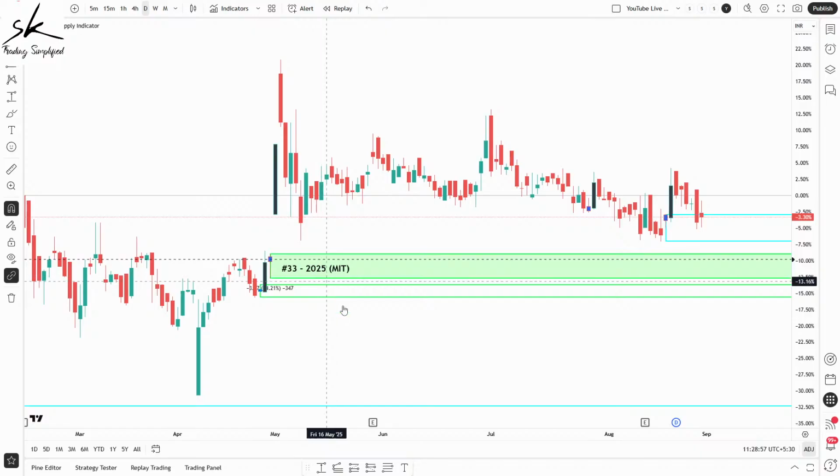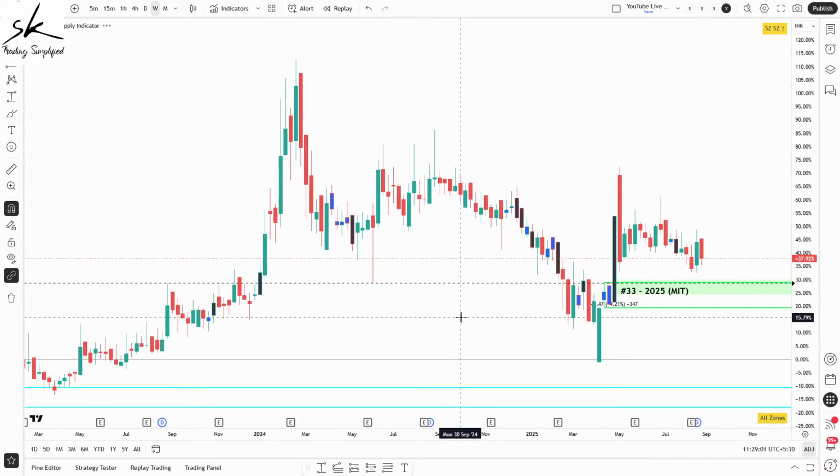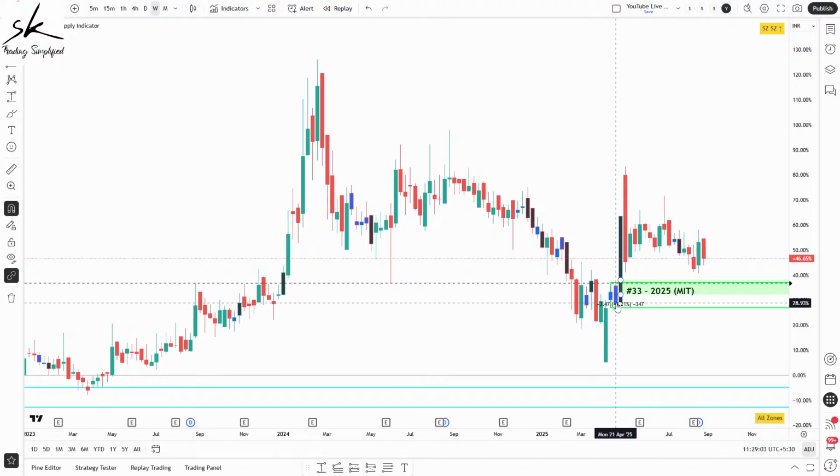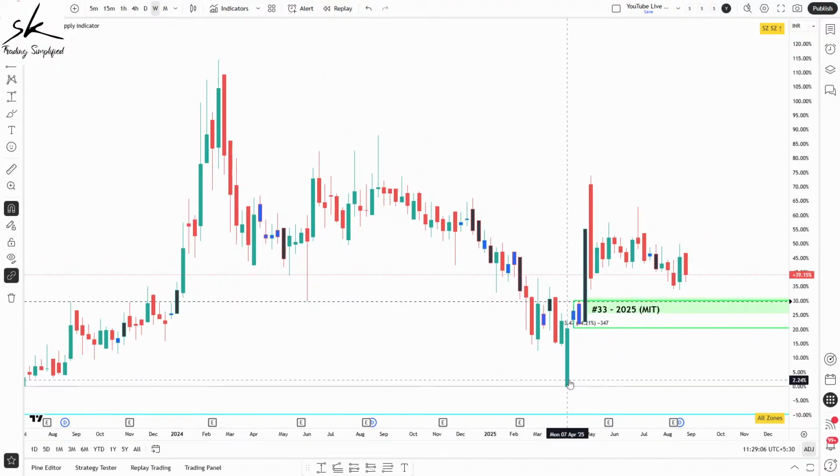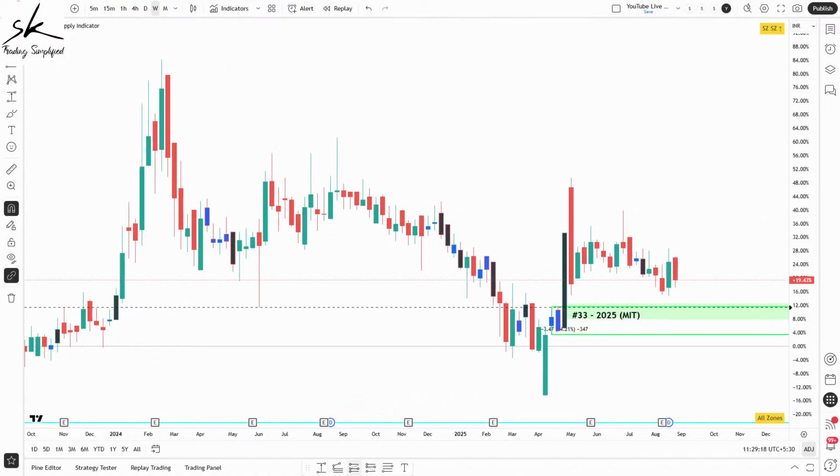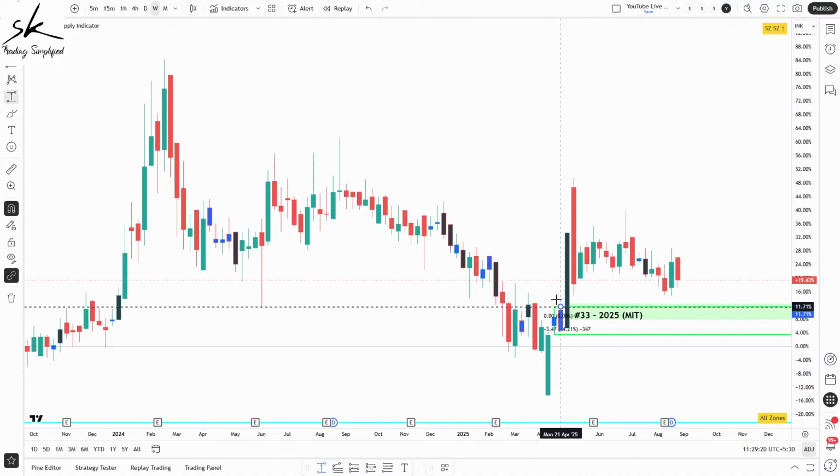So let's verify that the zone we have identified, does it coincide with any intermediate time frame zone? On the intermediate time frame, you can see we do have a demand area here, which is this rally base rally. Now, like I've said in the past as well, if you want to be more aggressive, you can say that the zone is always from the basing.